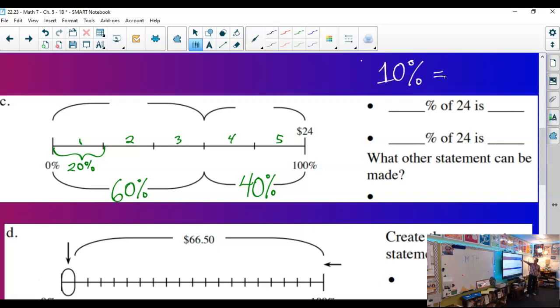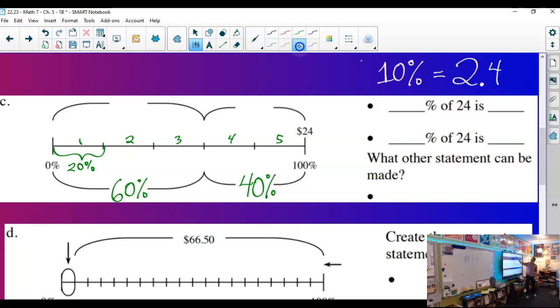Either way, 10%. If 24 is your 100%, what's 10%? 2.4. Right? Because, guys, if we divide by 10 and divide by 10, that's how we get to our 10%.